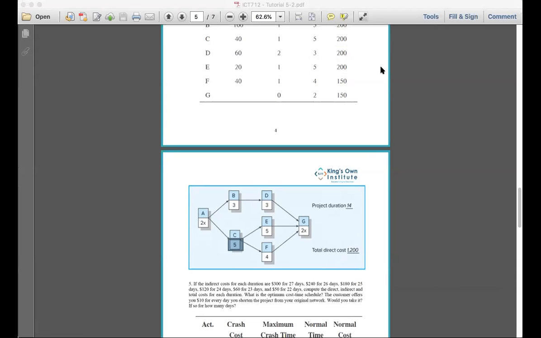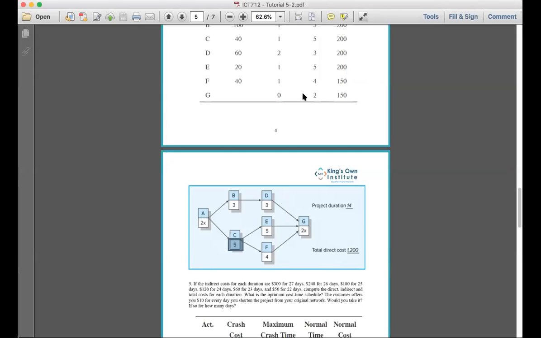Can you repeat that again? What will you add for the cost? You're going to add the cost of activity C, which is $40. And then the indirect cost reduces a further 50, from 650 to 600. So your total cost becomes 1,860.